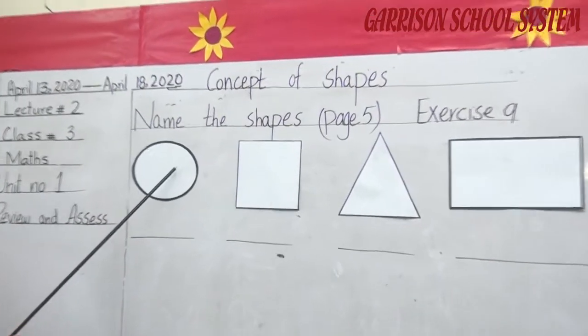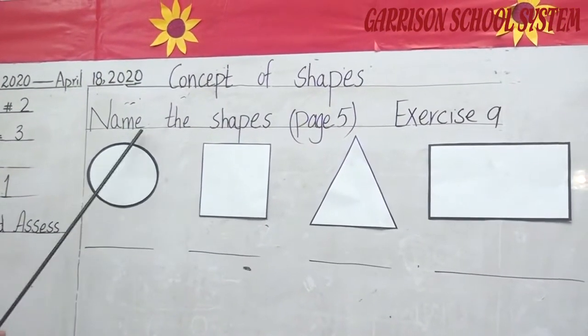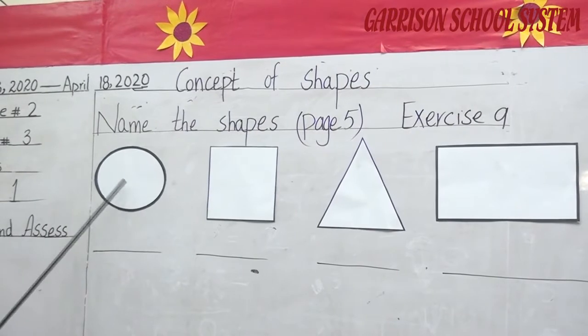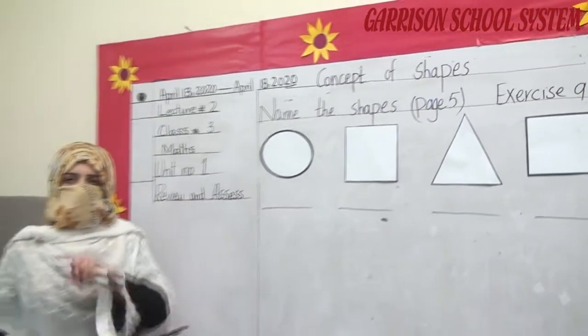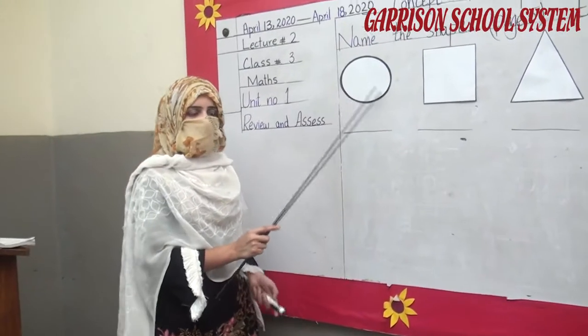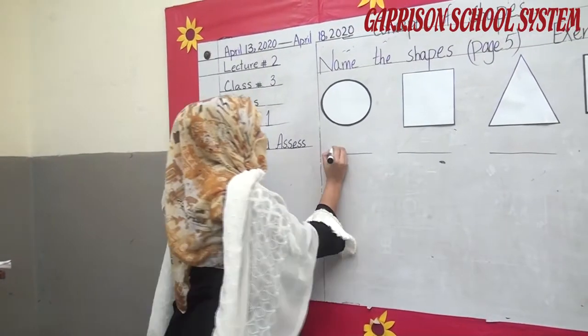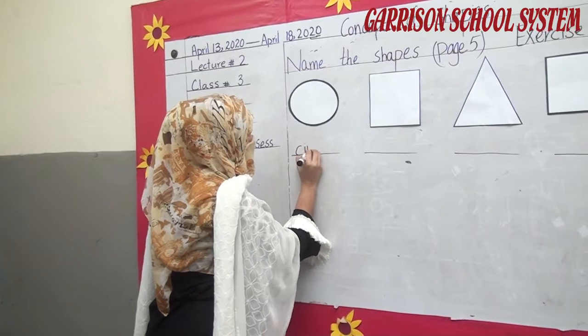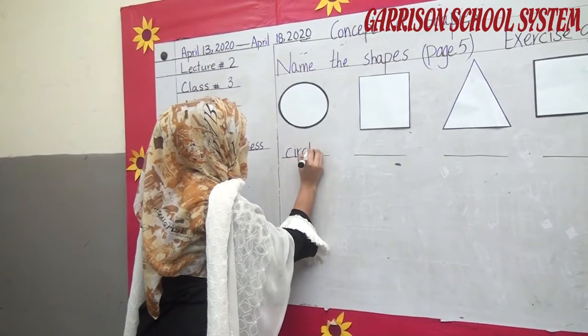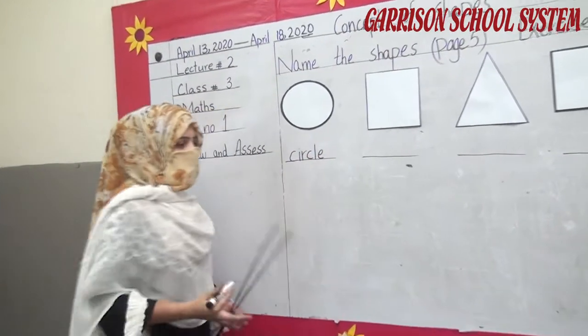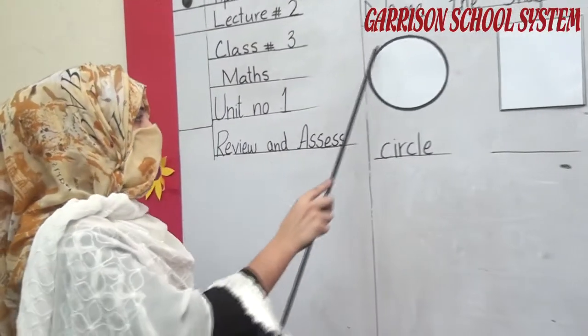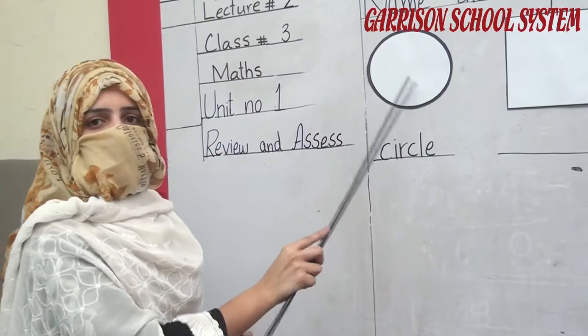It has no edges and no straight lines. The name of this shape is circle. C-I-R-C-L-E, circle.